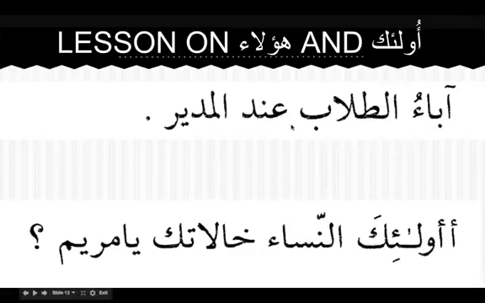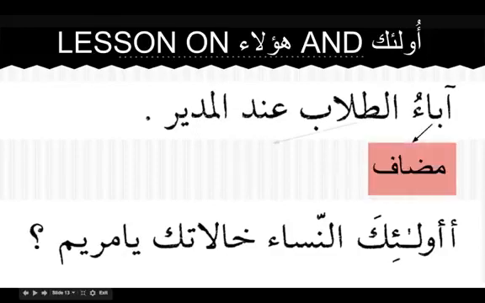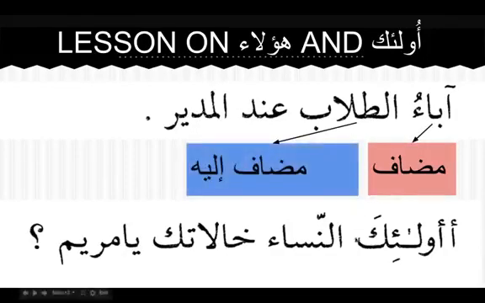Aba'ut-tullabi indal-mudiri, the fathers of the students. Aba'u is plural for abun, mudaf, at-tullabi mudaf ilayhi. Where are the fathers of the students? Inda is zarf shibhu jumla khabar, and the word after is mudaf ilayhi, indal-mudiri. So mudaf and mudaf ilayhi.